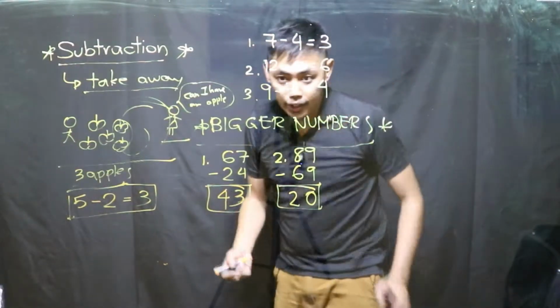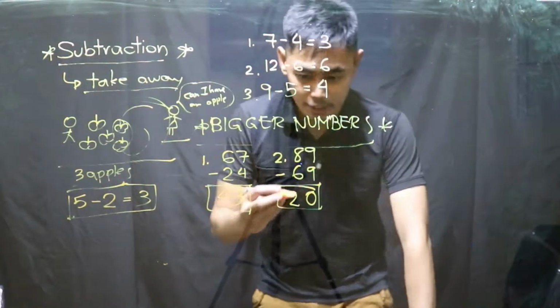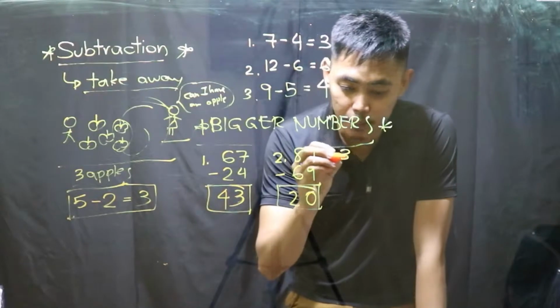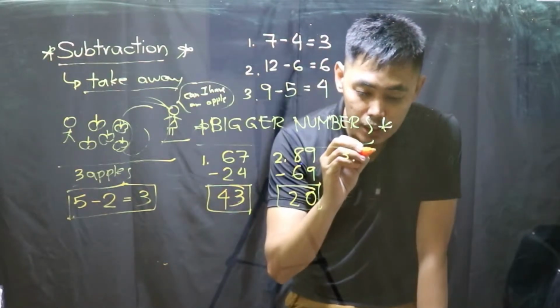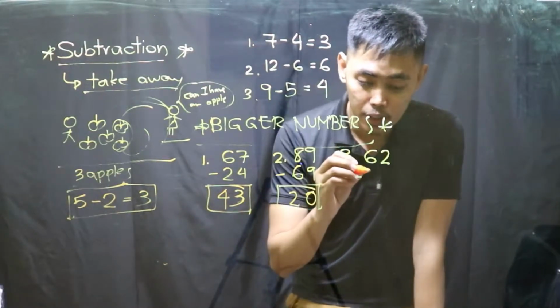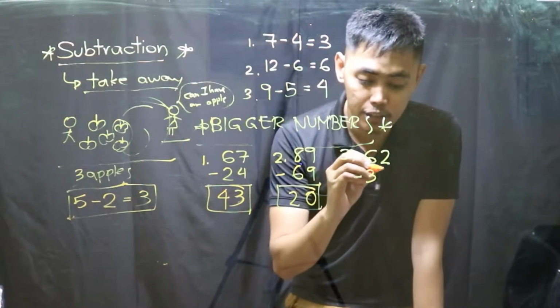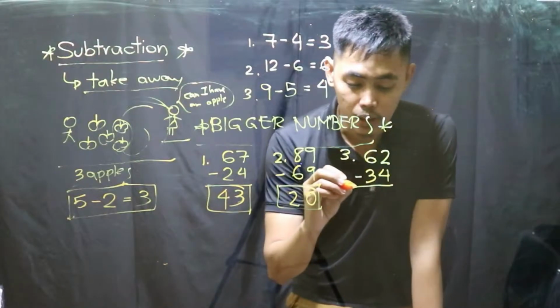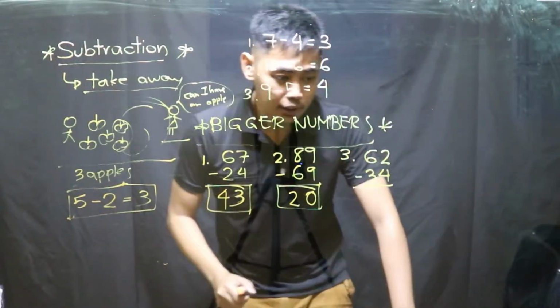Okay? So, let's have a little bit difficult one. Shall we say number 3? 62 minus 34. Okay, so how do we do that?